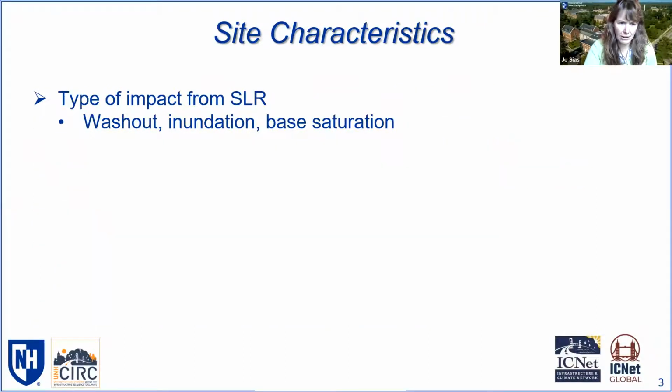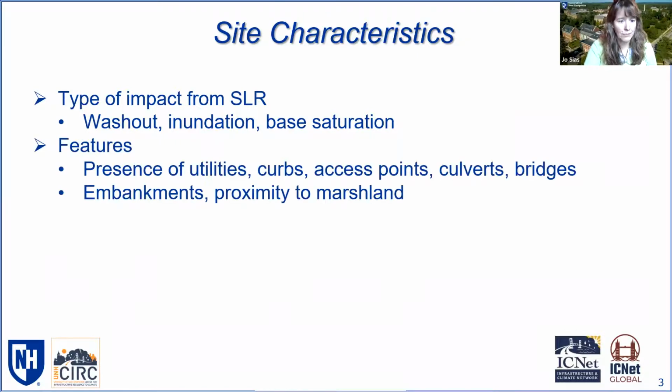So some of the site characteristics we're looking at is the type of impact at each site due to sea level rise. So this can include things like washout from flowing water, simple inundation, and then saturation of the base layers for the different roadways. Features that we're looking at are presence of utilities, curbs, sidewalks, various access points along the way, as well as the presence of culverts and bridges.